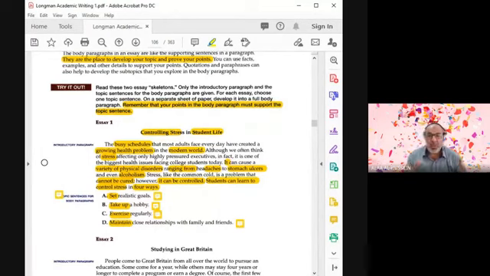Regarding the concluding paragraph, as I already mentioned, don't mention any new idea. We should not mention any new idea in the concluding paragraph, even the concluding sentence of the paragraph should not refer to any new idea.